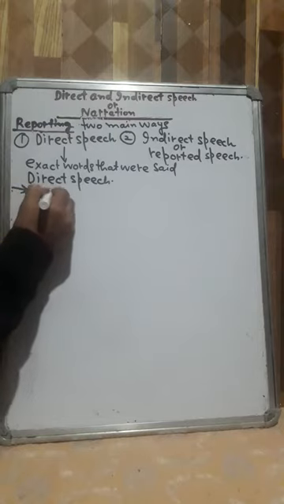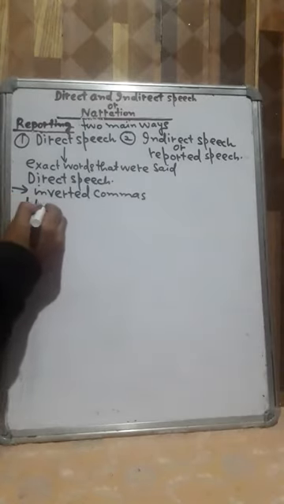In direct speech, we use inverted commas to mark off the exact words of the speaker.